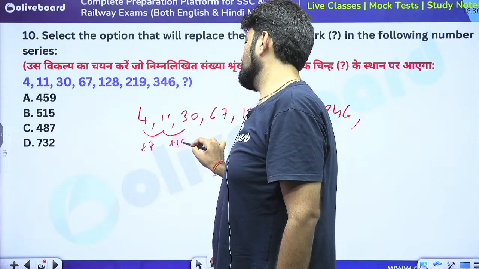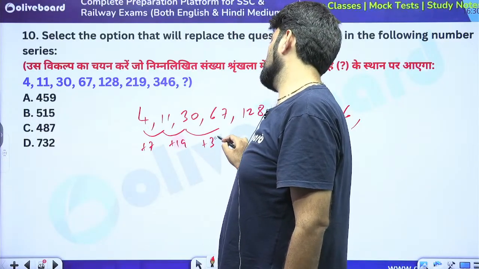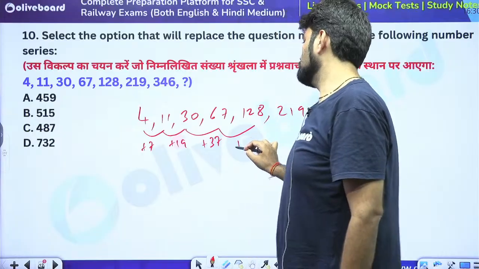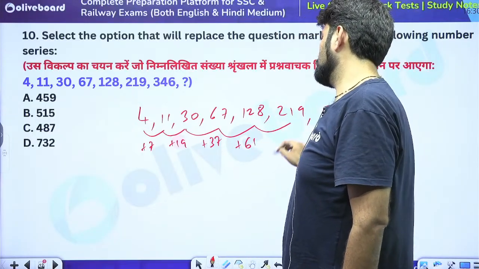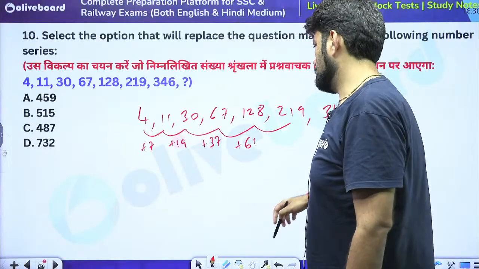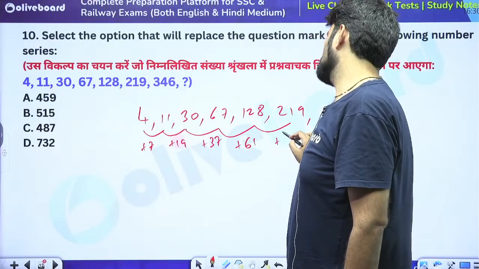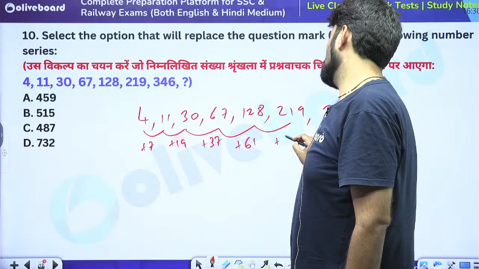plus 19, this is plus 37, this is plus 61. So till now you can see they are all prime numbers mostly, right? Plus 91.